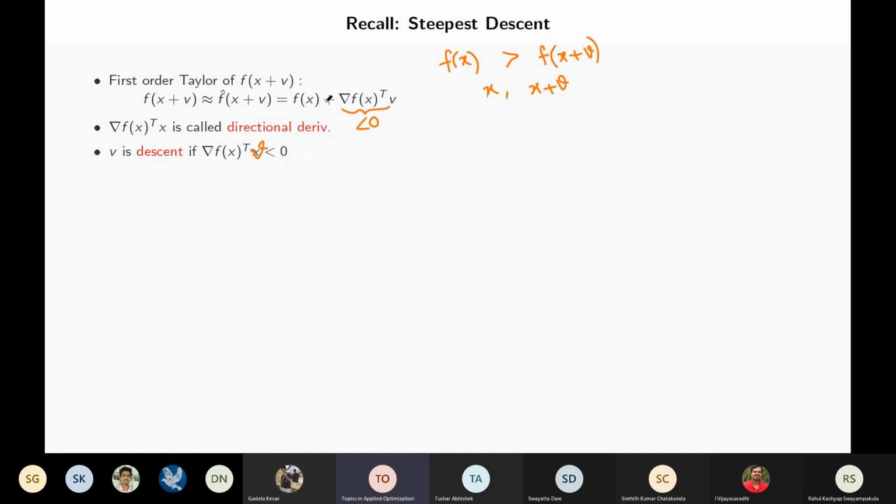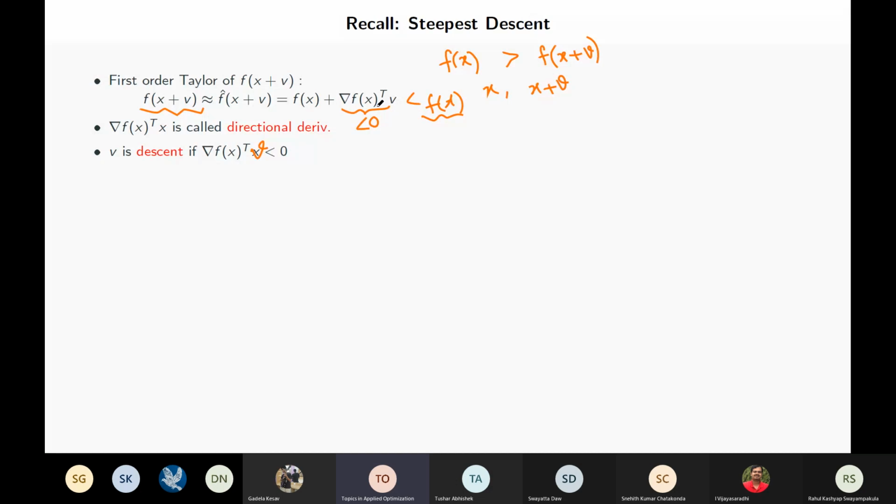So if this is negative, then f of x plus a negative quantity will be less than f of x itself. And this is what we want: f of x plus v is less than f of x. And this happens when this is negative. So from here we derive that.